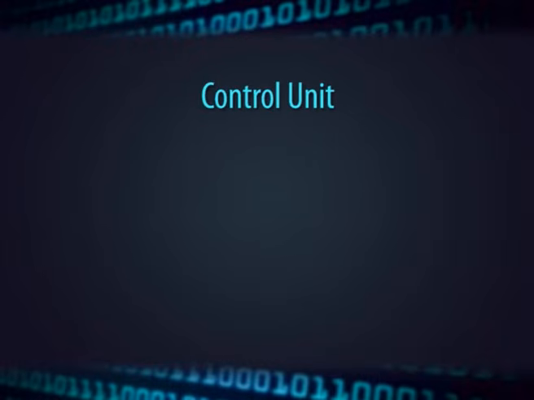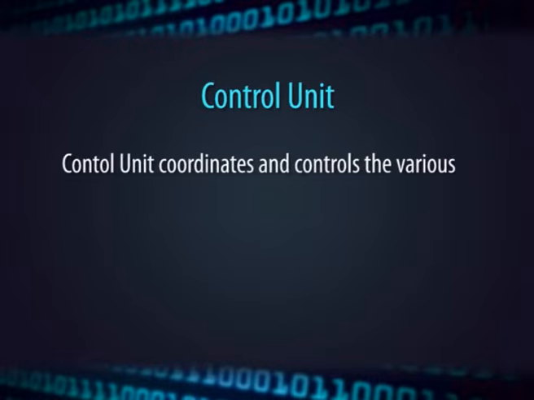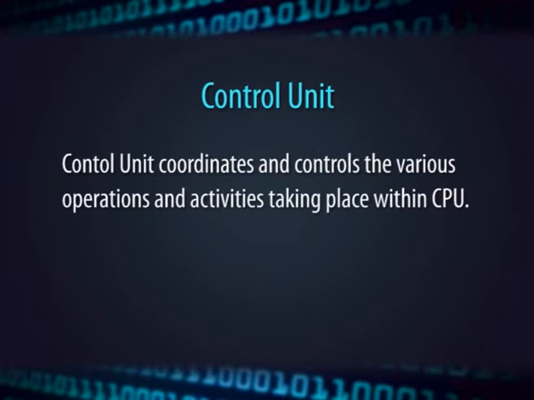The second important component is the control unit, which coordinates and controls the various operations and activities taking place within the CPU. For example, in order for the ALU to perform arithmetic operations on two numbers, the first step is to transfer the input operands from registers to the input of the ALU.